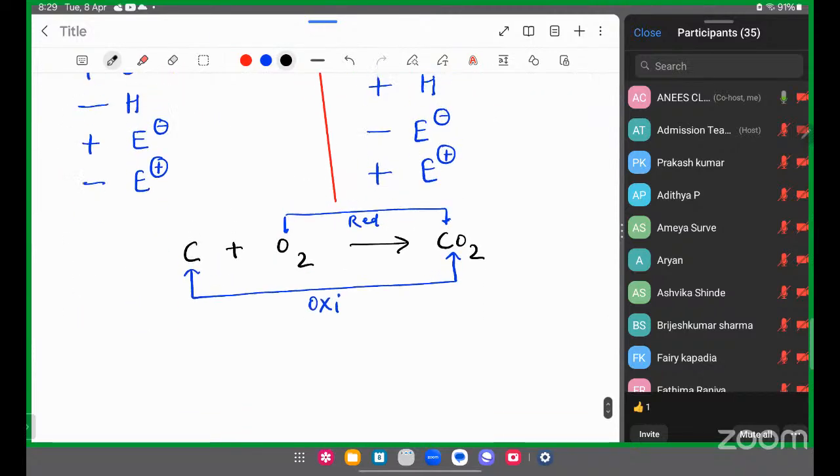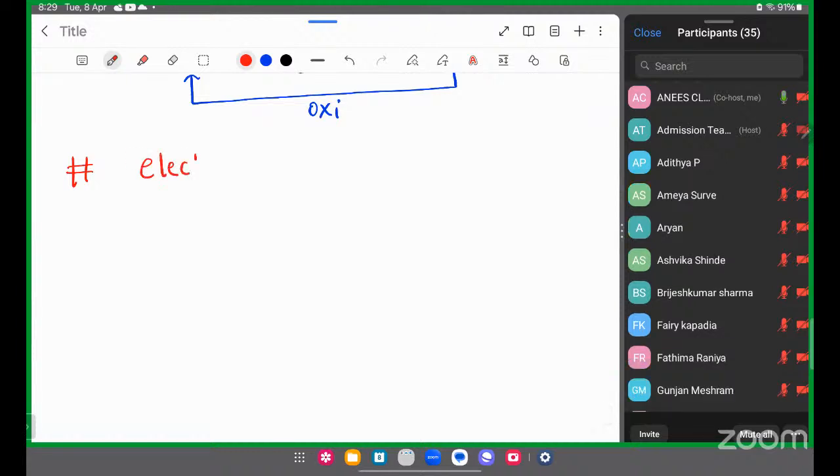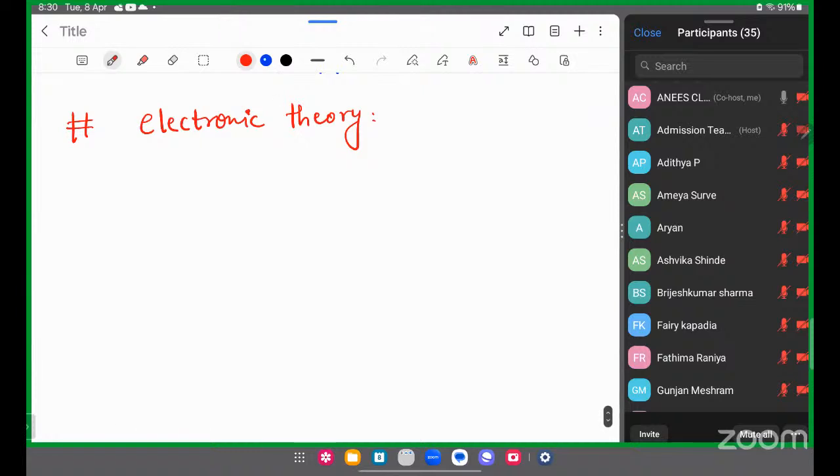Next is oxidation and reduction in terms of electron transfer. Electronic theory. In this theory, we take reduction and oxidation in terms of electron transfer.